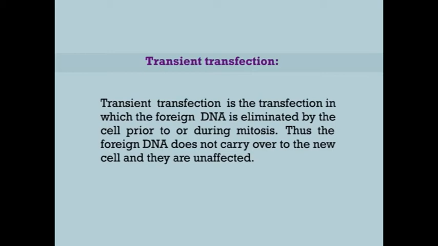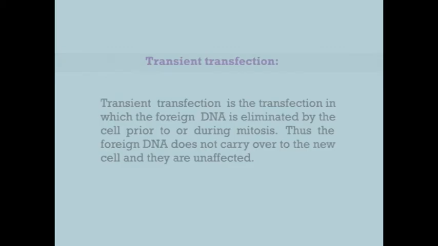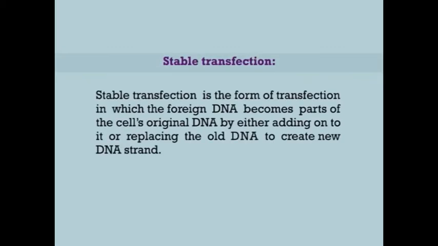Thus, the foreign DNA does not carry over to the new cell and they are unaffected. Whereas, stable transfection is the form of transfection in which the foreign DNA becomes a part of the cell's original DNA by either adding onto it or replacing the old DNA to create a new DNA strand.